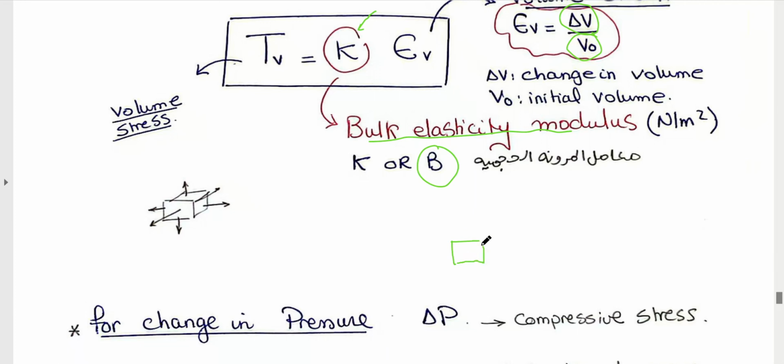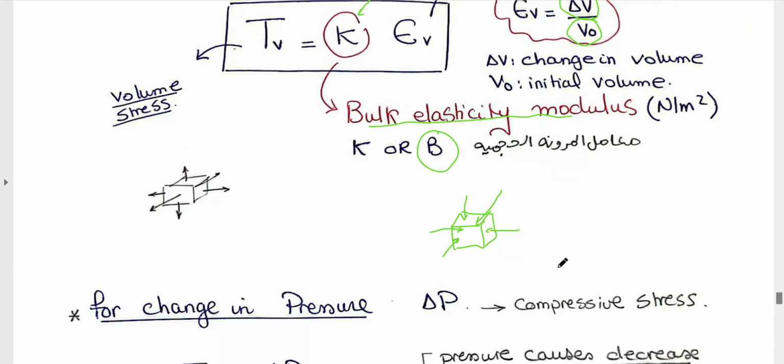This case happens a lot when we discuss pressure. The atmospheric pressure is a compressive stress from all three directions, as if I am applying stress in 3D to the object. And we are subjected to atmospheric pressure all the time.